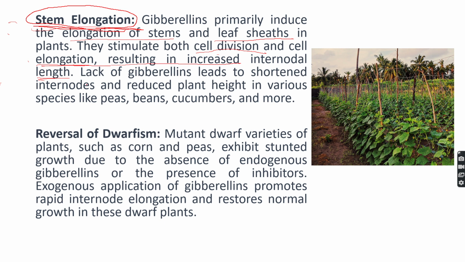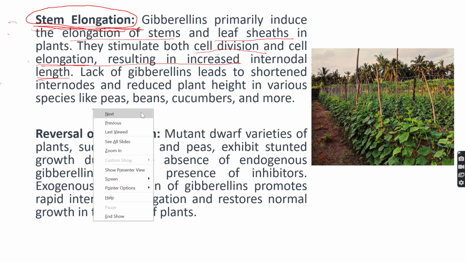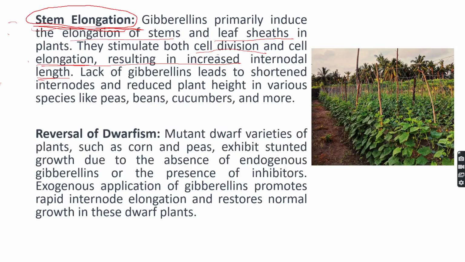So when we are going to produce a dwarf plant, we usually prefer to silence the gene of gibberellin receptors, which stops the signaling of gibberellin in the cell.